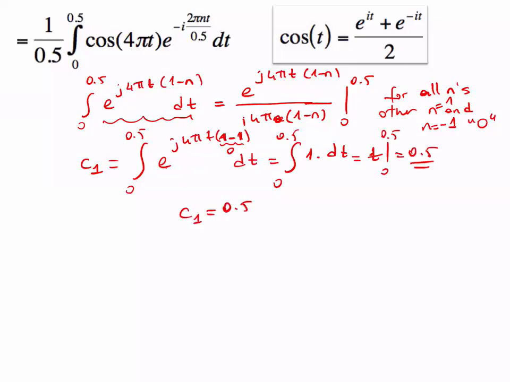If we say minus 1, so this will be 2, C minus 1 is the integral from 0 to 0.5 of e to the power j 4 pi t times 2 dt.